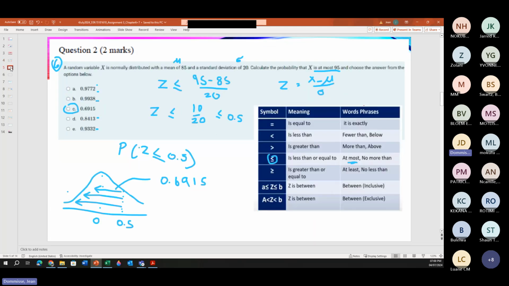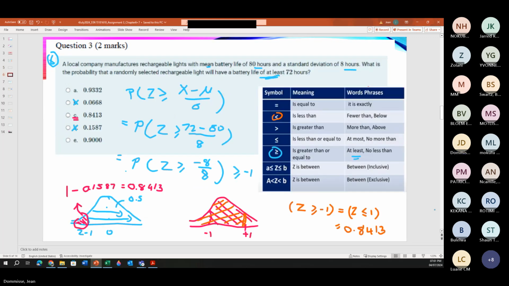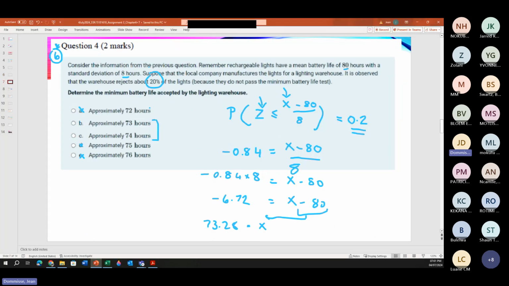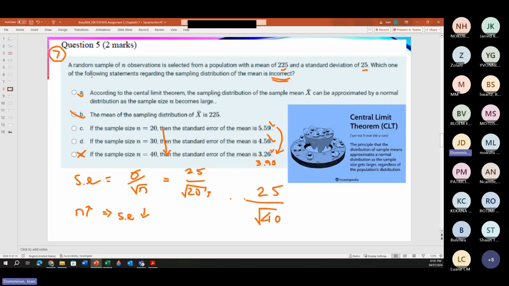So then it was, okay, work out with a formula, work out the probability. Again, the same. Then we needed to work out the X, so that was study unit 6. Then we went into study unit 7 with a bit of theory like the first question.